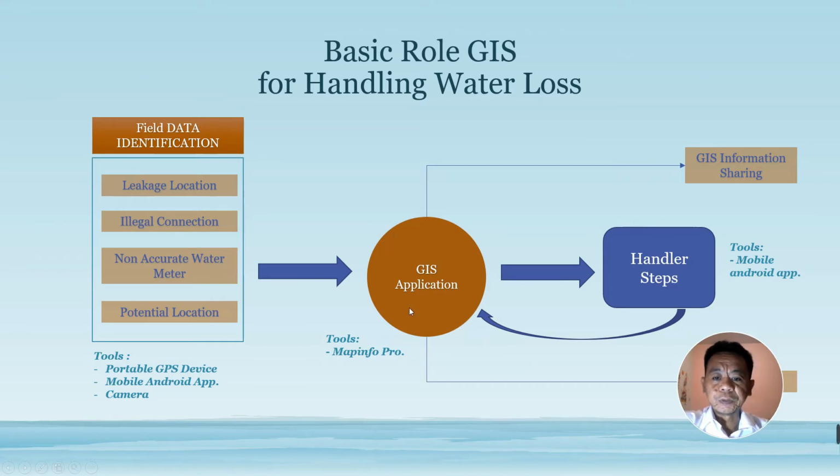From this field data identification, we process to a GIS application. We are using MapInfo Professional for processing the map. After we process with the mapping software, GIS, there are handler steps.